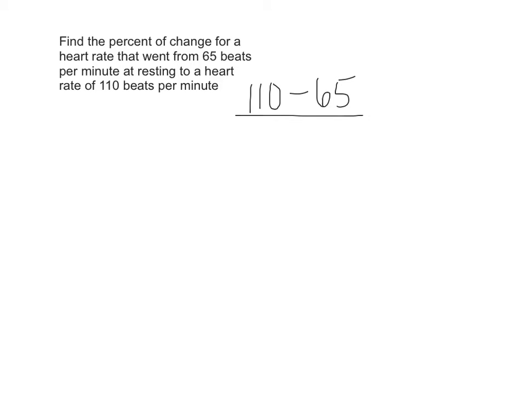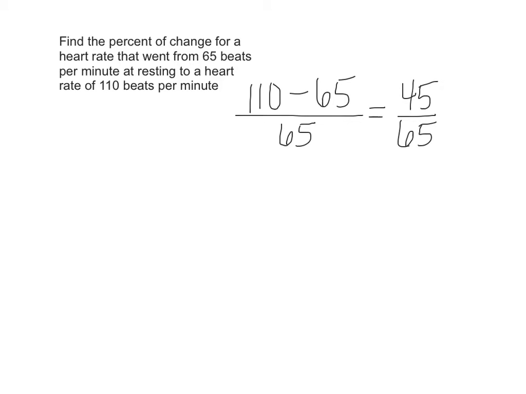I know based on this problem that the heart rate went from 65 to 110. 65 is the original amount, and that's why I write 65 on the bottom. I'm going to go ahead and subtract the 2, 110 minus 65. That gives me 45 over 65.